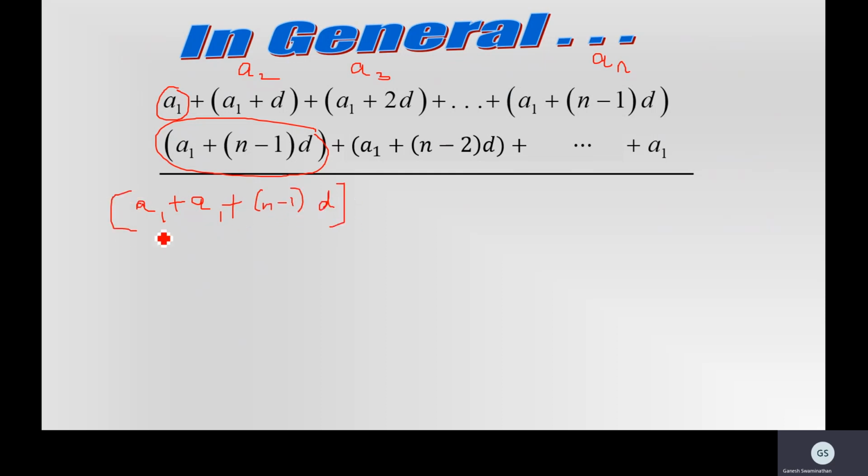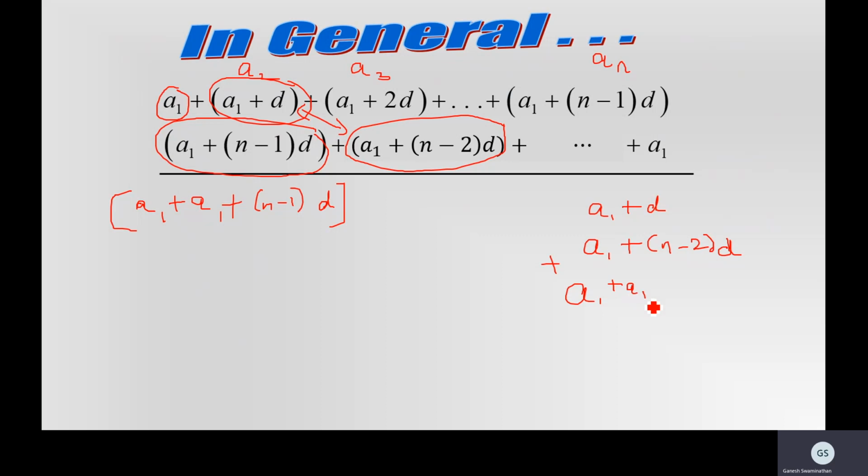Okay, let's see if I can get something very similar when I add the second term on these two expressions, which is given by these two terms. All right, so a1 plus d, and then here it is a1 plus n minus 2 times d. When I add these two, I'm going to get a1 plus a1 plus d plus n minus 2d.